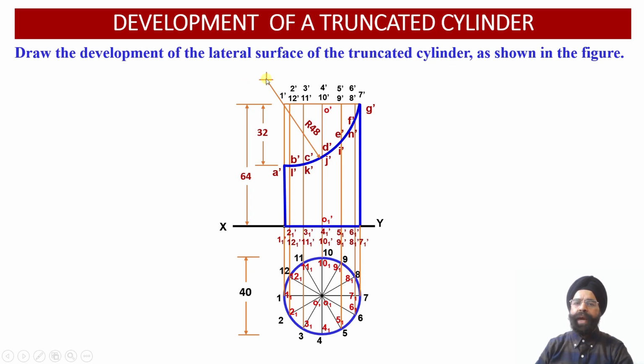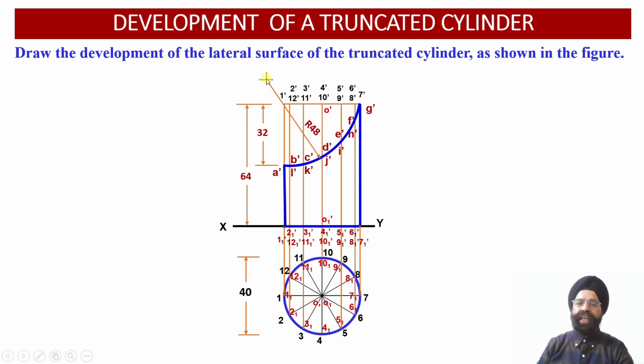this provides us with the center of the circular cut section plane, which has a radius equal to 48 millimeter. This way we have located the center point of this circular cutting plane arc.